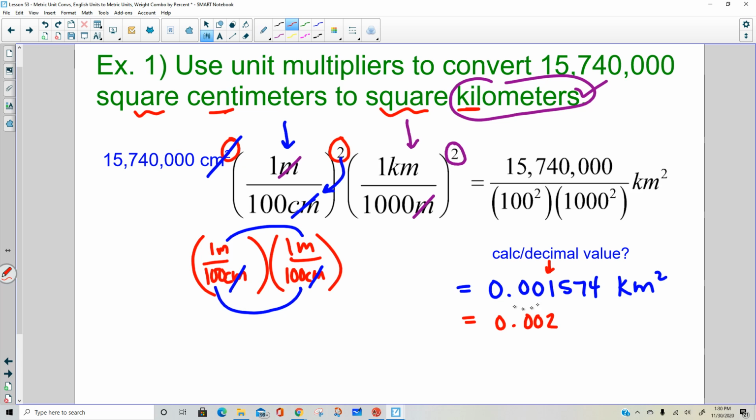So if I have 2 or more zeros after the decimal, I'm going to ask you guys to use 3. So not just 3 decimal places, but round to 3 significant figures. You should be learning about this in science.